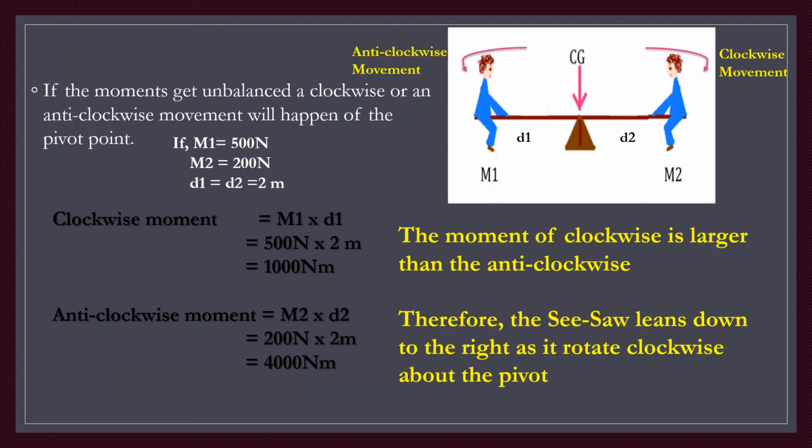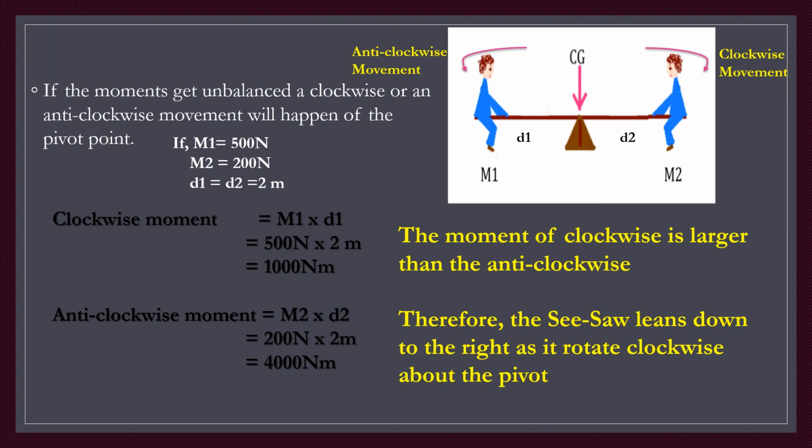Okay students, now let's see how to find the moment of an unbalanced seesaw. If the moments get unbalanced, clockwise or anticlockwise, what will happen to the pivot point?